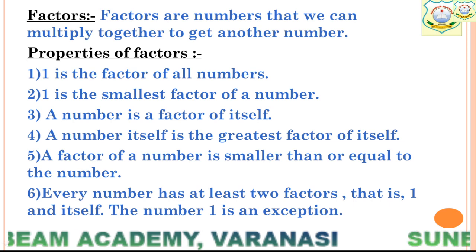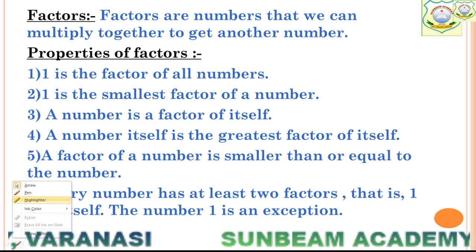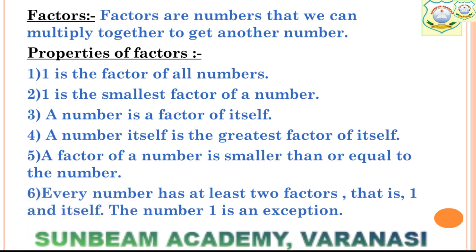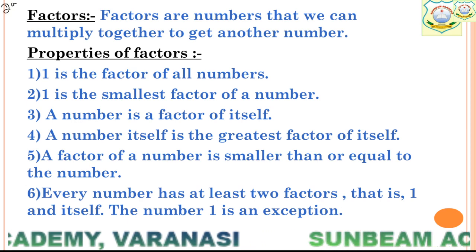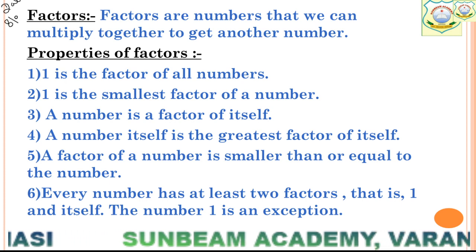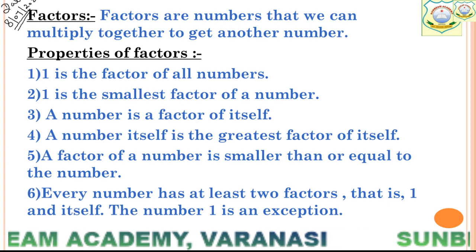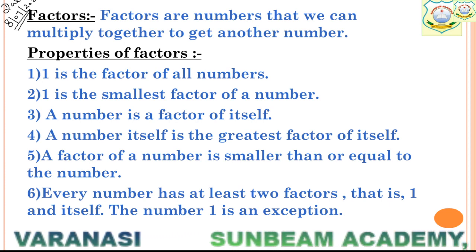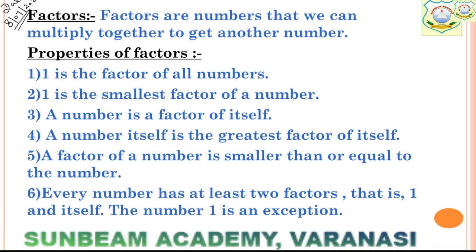Okay. So now first what you have to do, students? Yes, write down the date. So what is the date today? You will write here date. This is 8/7/2020. Write down the date and then write here heading factors. Write down factors and then write down the definition.